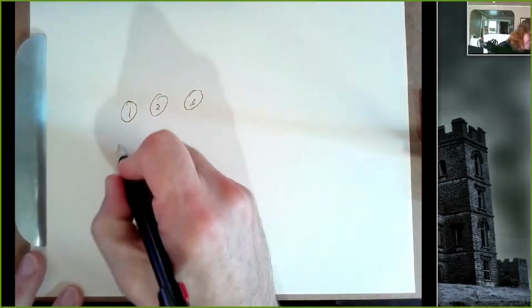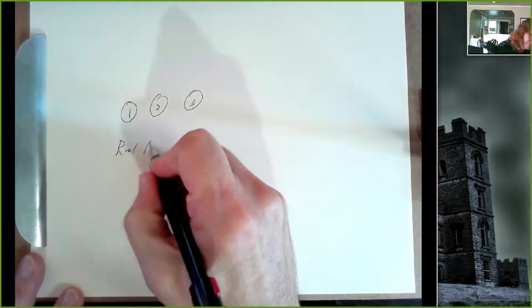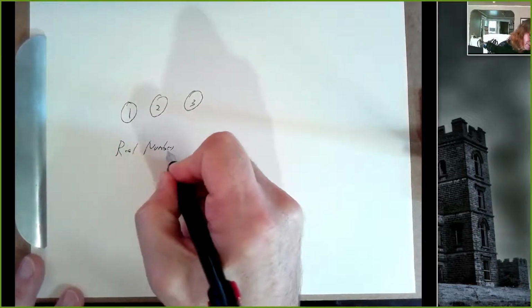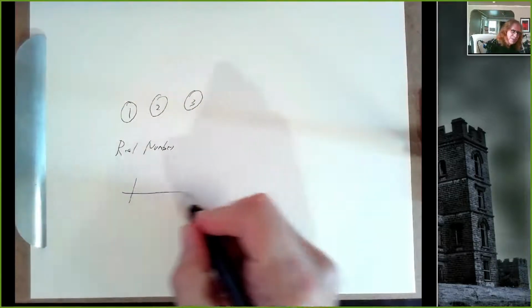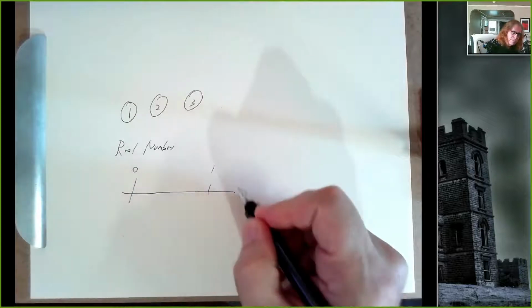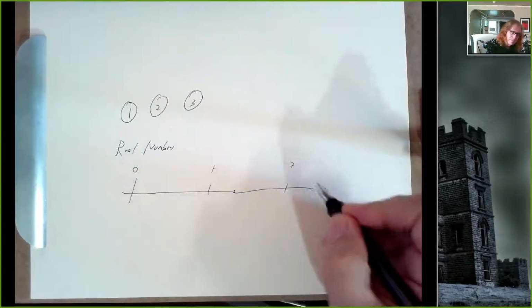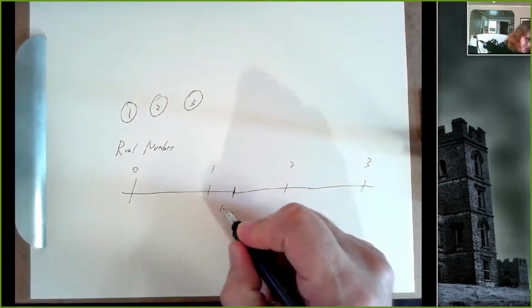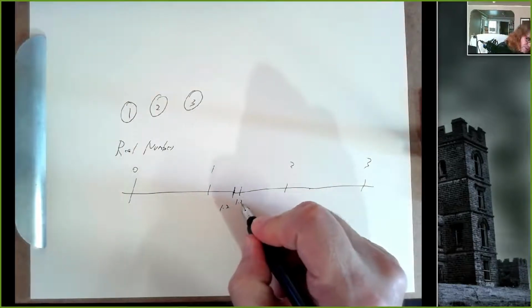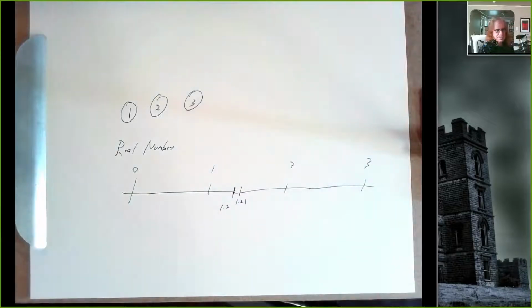So think about real numbers, because that's really what we're talking about when we think about an analog signal. Think about your real number line. Well, here's 1.2, and here's 1.21.